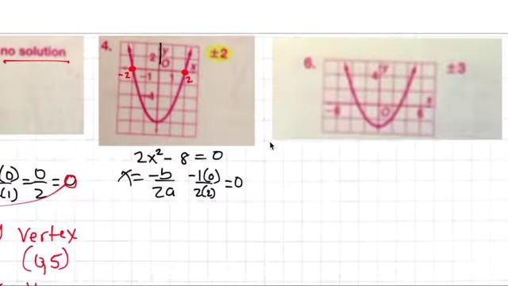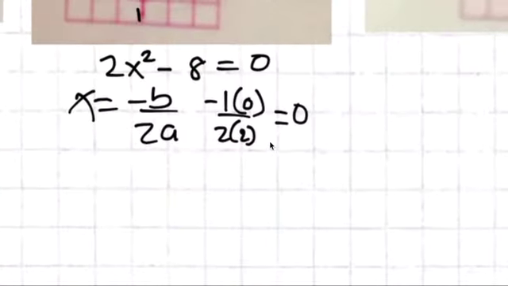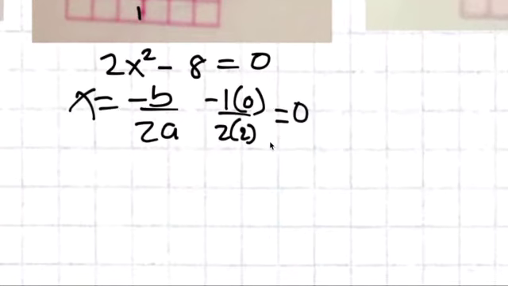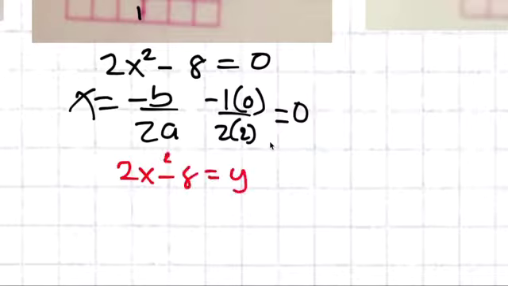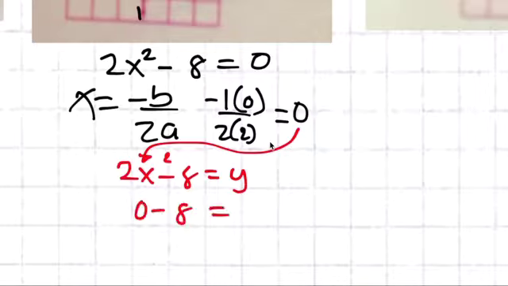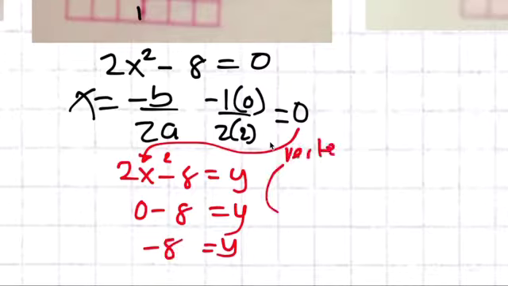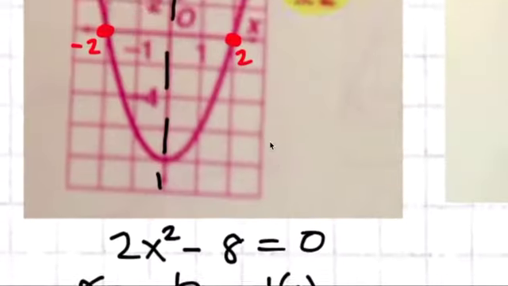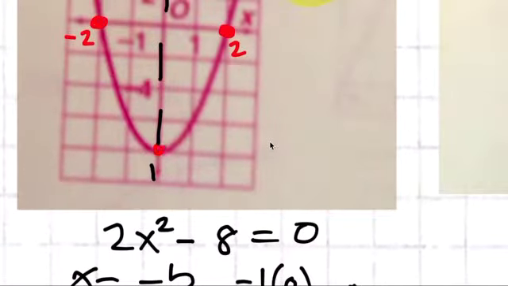Notice the axis of symmetry is at 0. What's y then if that's the case? 2x squared minus 8 equals y, right? Put 0 in there, 0 minus 8. Y then is negative 8. The vertex then is 0, negative 8. That's how we got there, by 2 each.